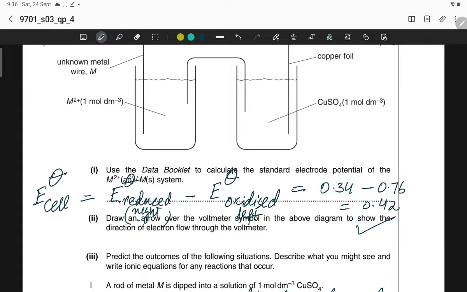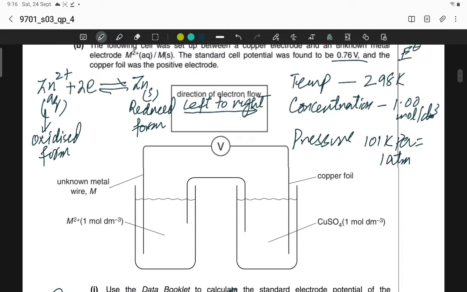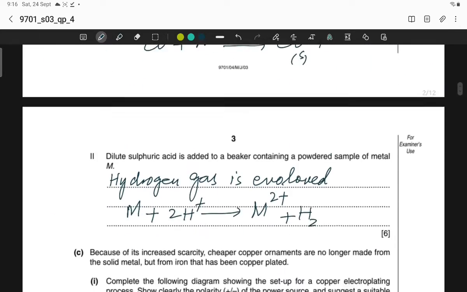This will be the electrode potential of the unknown metal. It is a negative value, so this will be a more reactive metal than copper, so that's why the flow is from left to right.